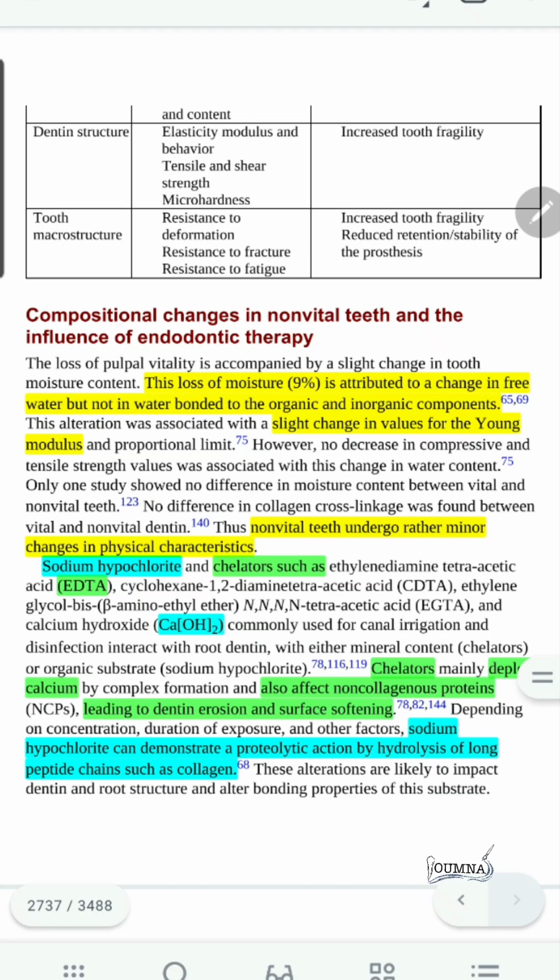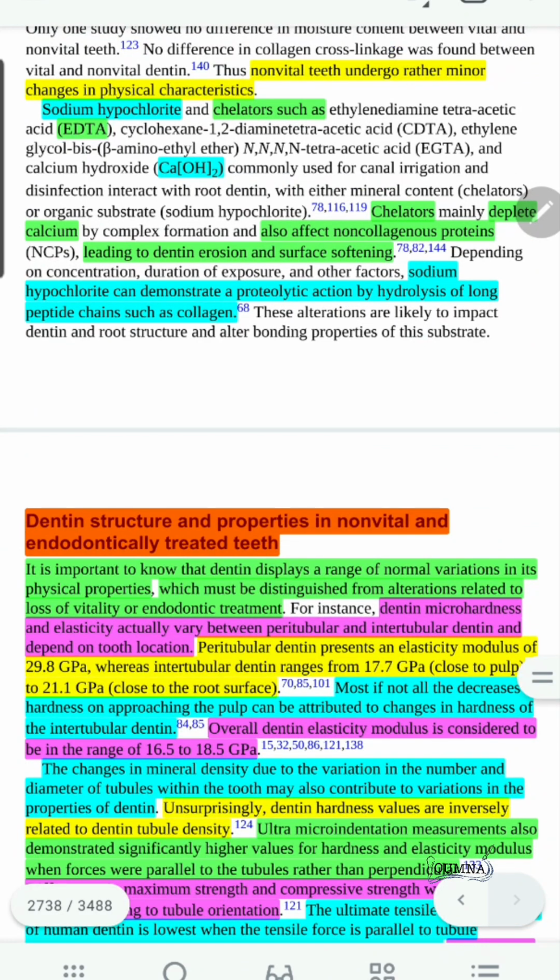These have an impact on the dentin, but this impact is considered minimum when we compare it to the physical and the mechanical loss of the tooth structure, whether it is in the caries or doing our access cavity and doing the root preparation.